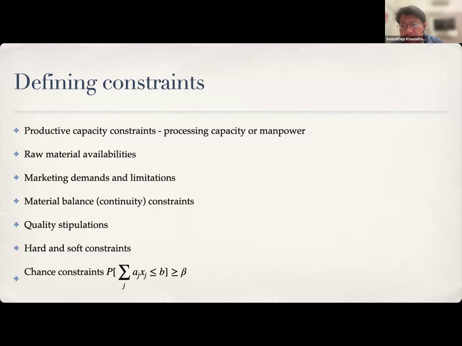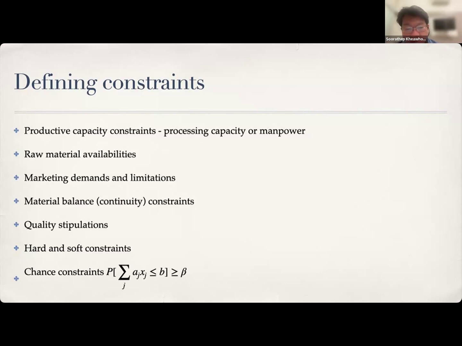These constraints are equality constraints only, okay? You cannot negotiate with it. Whatever you put into your process, you will get the same amount out, right? So this is the principle of the equality constraint.